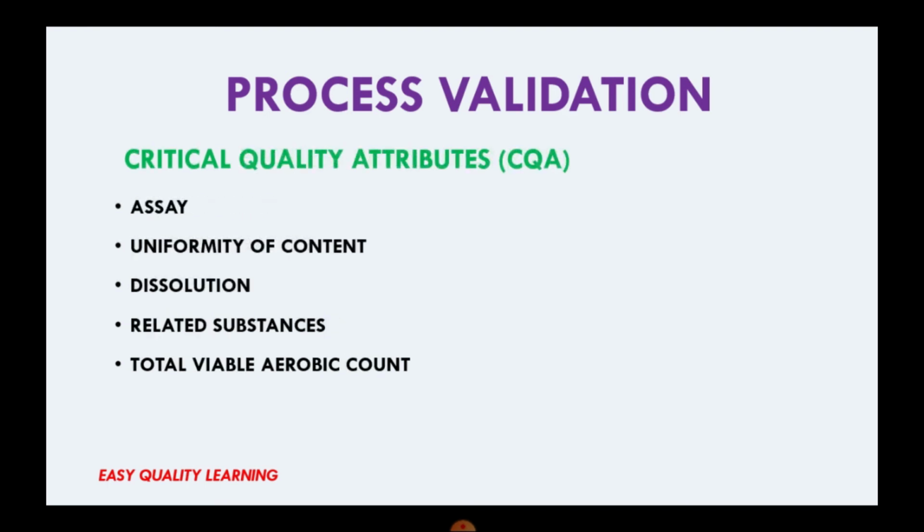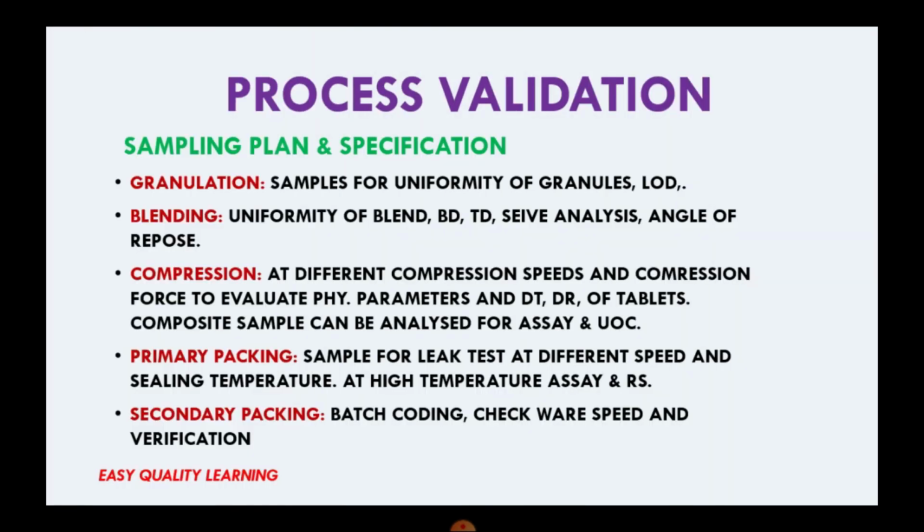Then critical quality attributes. So critical quality attributes can be your assay, uniformity of content, dissolution, related substances, and total viable aerobic count. Then we can discuss your sampling plan and specification. What happens in sampling plan? In granulation, we can take the samples for uniformity of granules and LOD in case of drying.